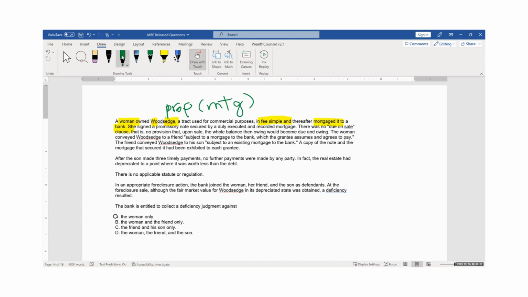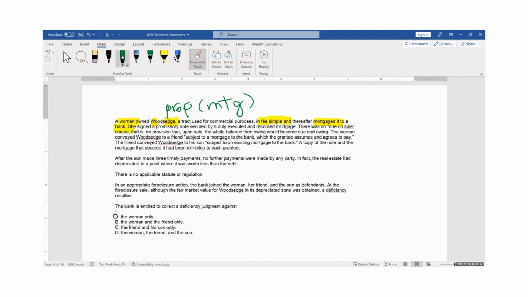She signed a promissory note secured by a duly executed and recorded mortgage. More confirmation that it's a mortgage question. There was no due on sale clause, so they're not likely testing you on the due on sale clause. That is, no provision that upon sale, the whole balance then owing would become due and owing.